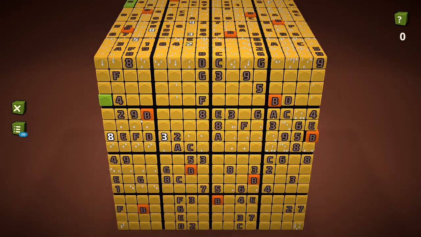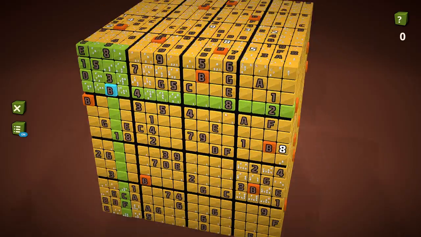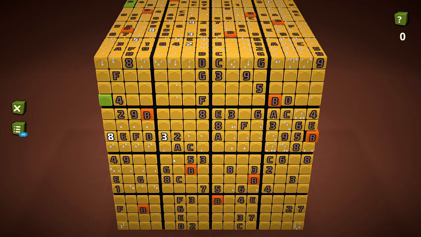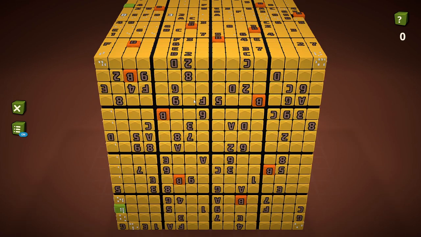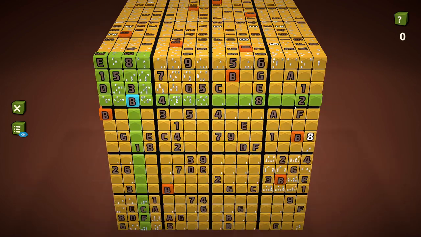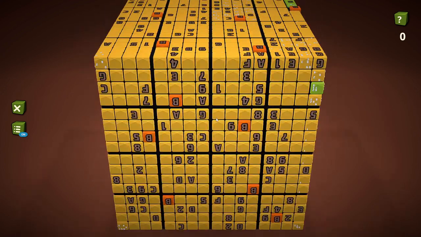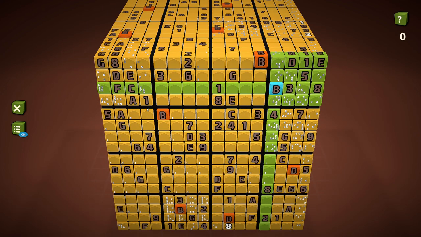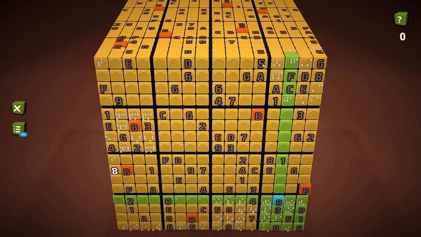So this is the orientation it's supposed to be in. Except that's not the right orientation. So that's the top left square. Yeah, all the squares are weird. There you go.